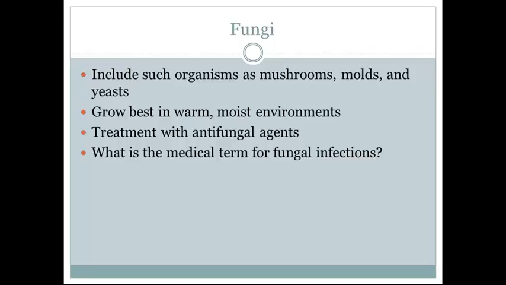When I talk about fungal diseases, some examples are ringworm, yeast infections from candidiasis, and jock itch is another good one. What is the medical term for fungal infections? That would be a mycotic infection.